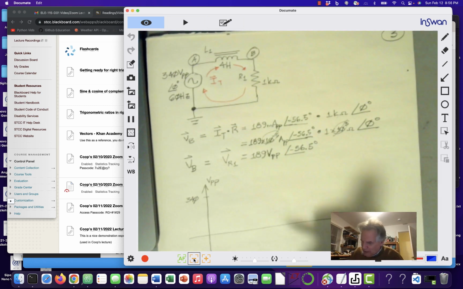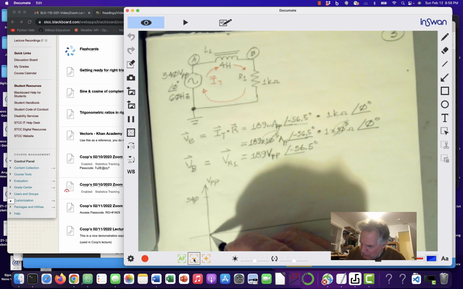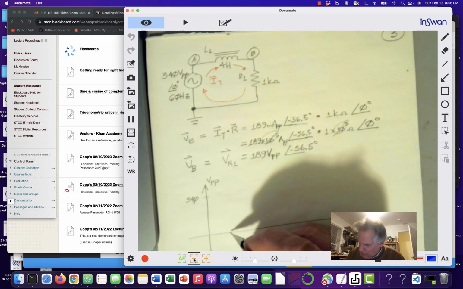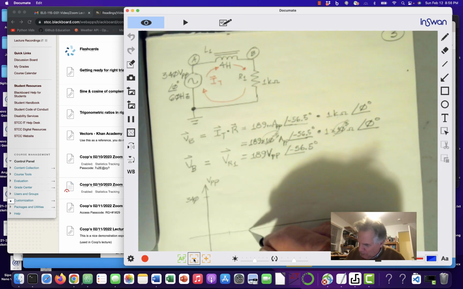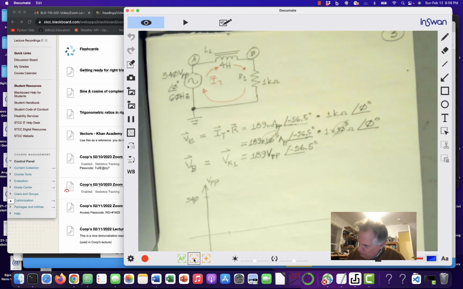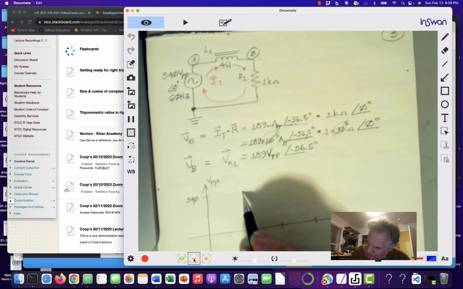Now the applied voltage starts right at 0, and let's see how bad I am at drawing a sine wave.